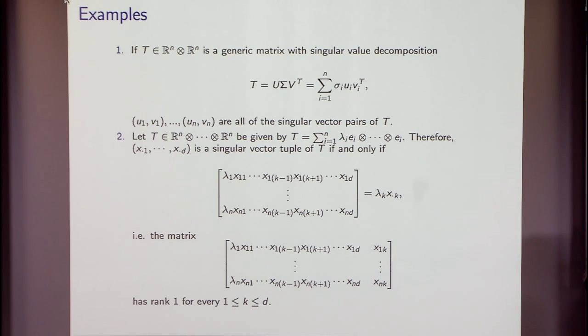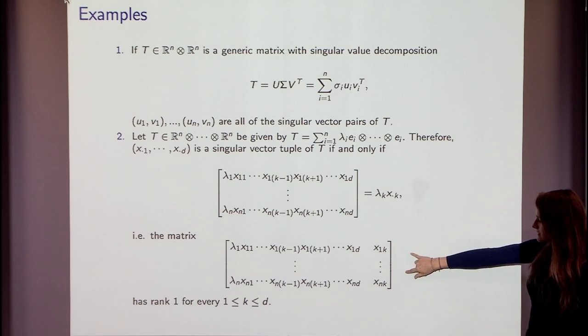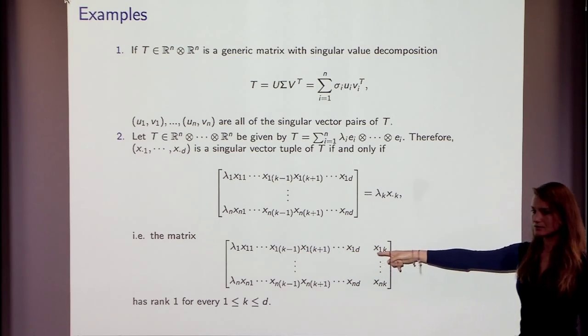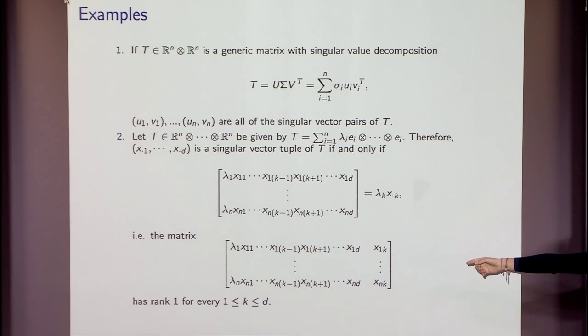Another way to write this is by saying that this matrix that has the kth vector here and basically the product of the other ones here has to have rank 1. That's equivalent to x1, x2, through xd being a singular vector tuple of T. So we're going to see how to solve this system.